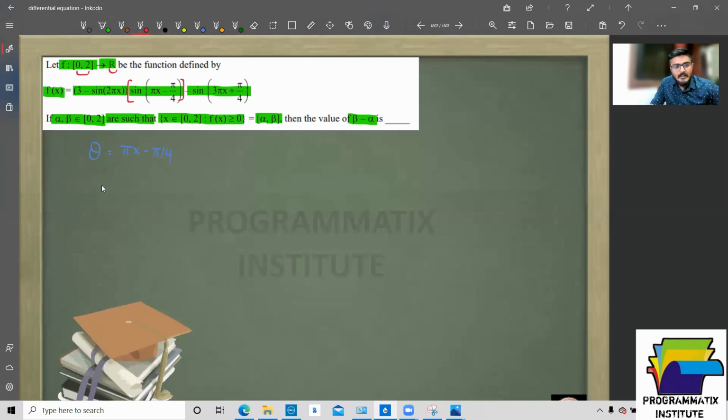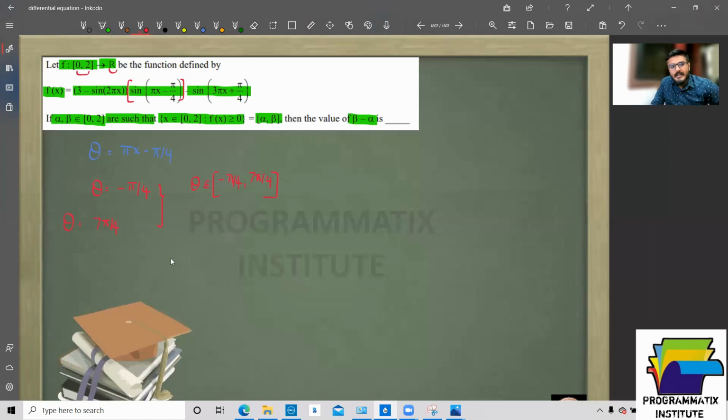If x is equal to 0, theta is minus pi by 4. If x is equal to 2, then theta is 7 pi by 4. So theta is from minus pi by 4 to 7 pi by 4. That's very simple.